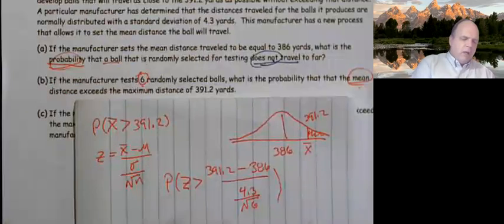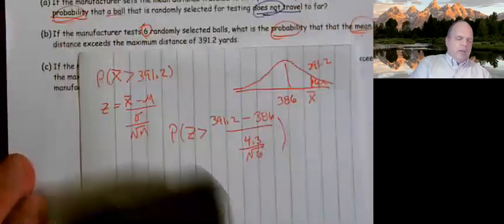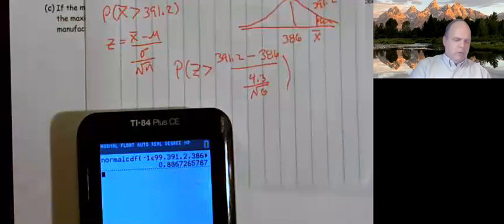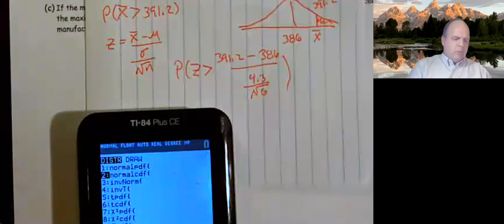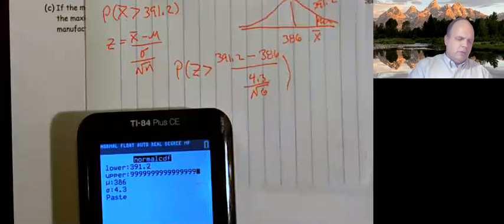Now, they are asking for the probability. If you ask for a probability, it's a normal CDF. Second VARS, normal CDF. Looking at my shading, my lower bound is 391.2. My upper bound is infinity. The mean is 386.